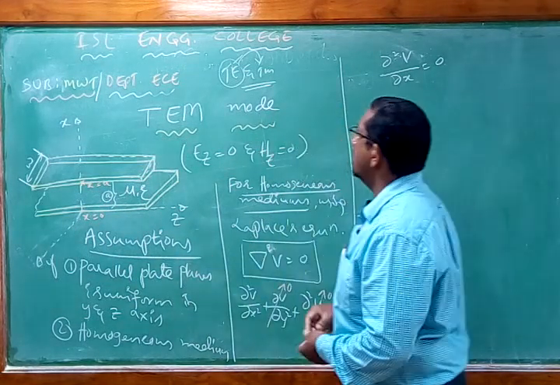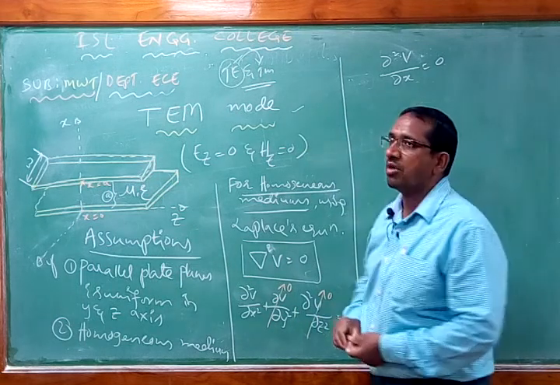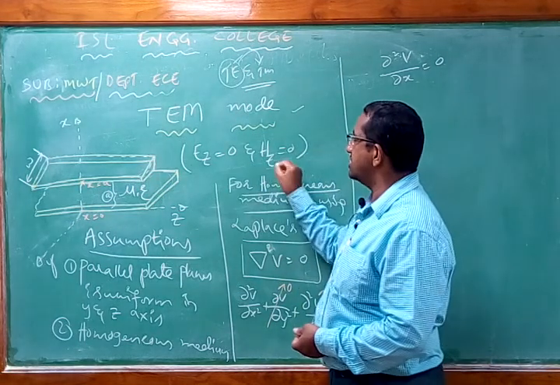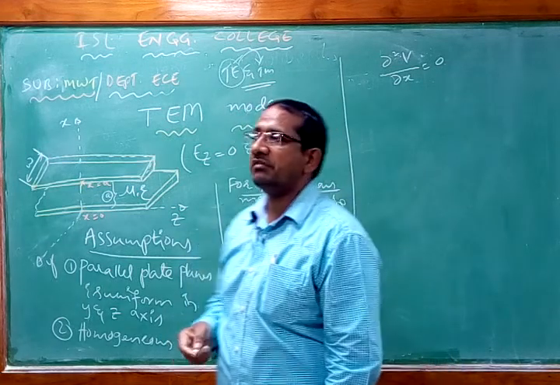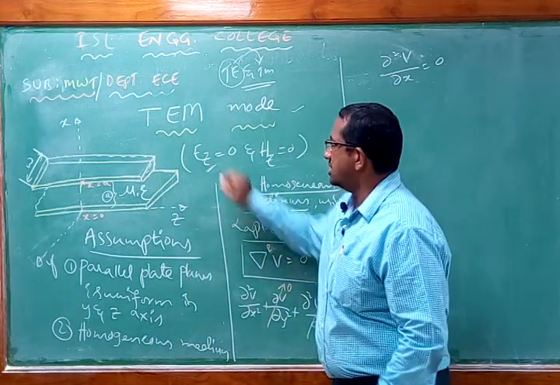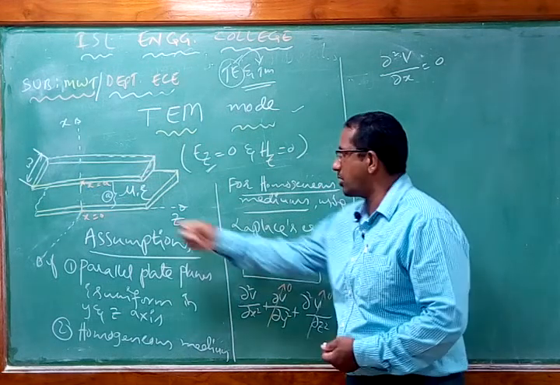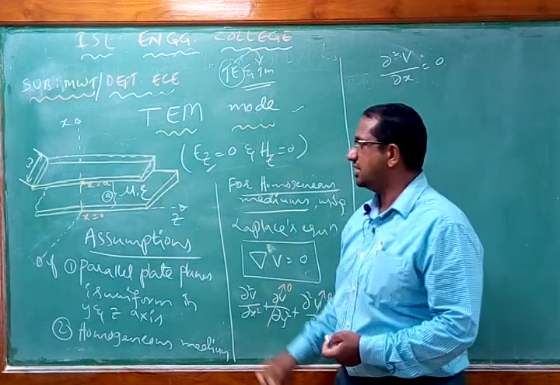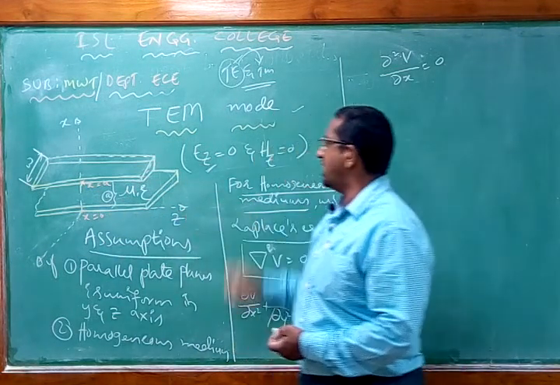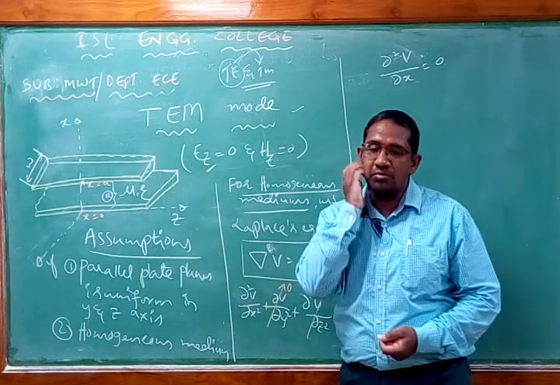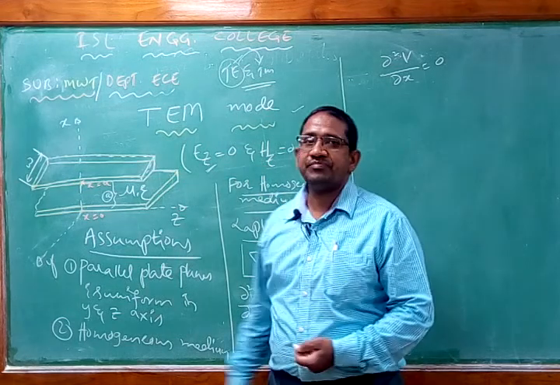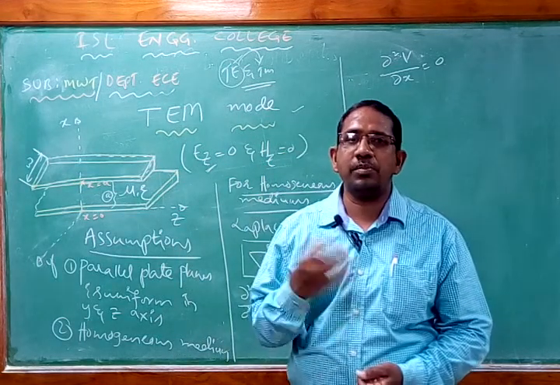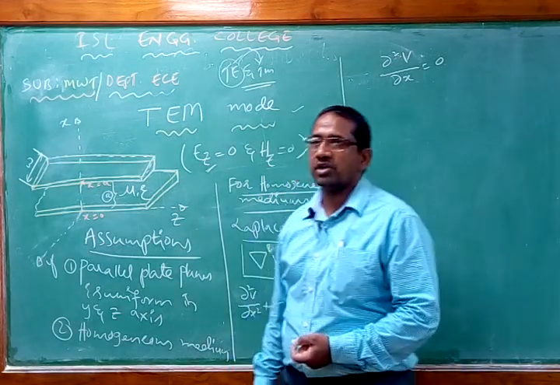Why is it so? Because in TEM mode, the Ez and Hz components will be equal to 0. What is the meaning of this? The wave is propagating along the z axis. When the wave is propagating along the z axis, then in the TEM mode both the electric and magnetic fields are transverse to the propagation of the wave.